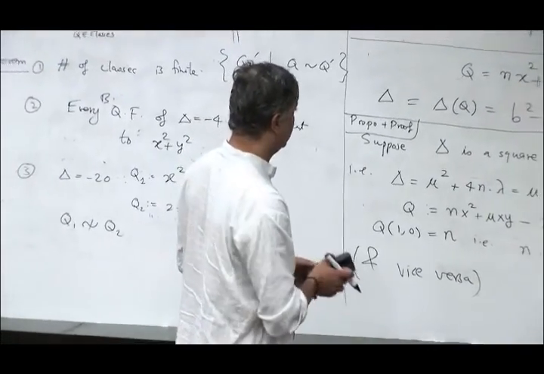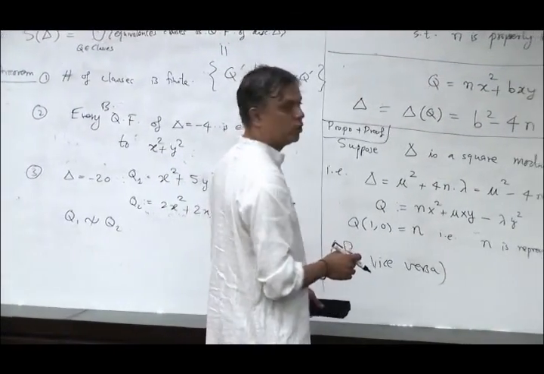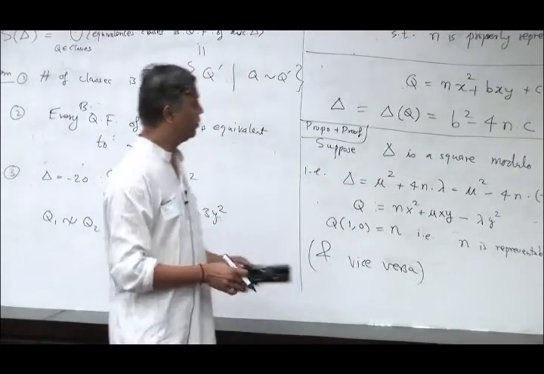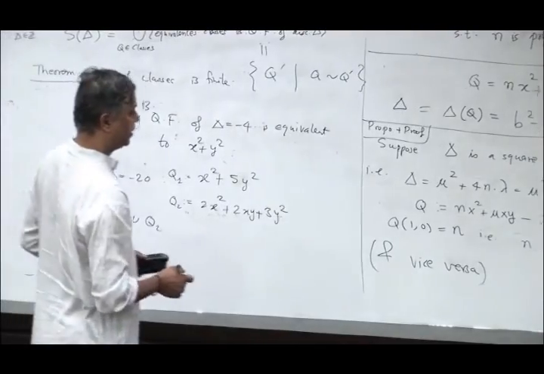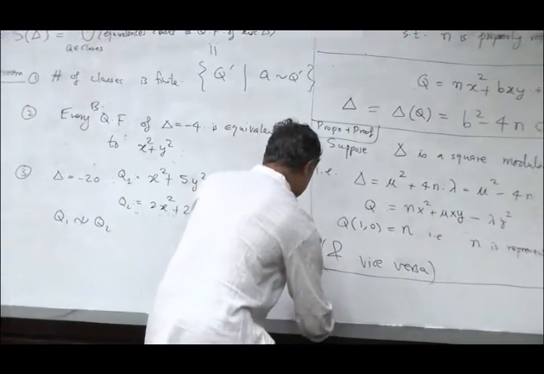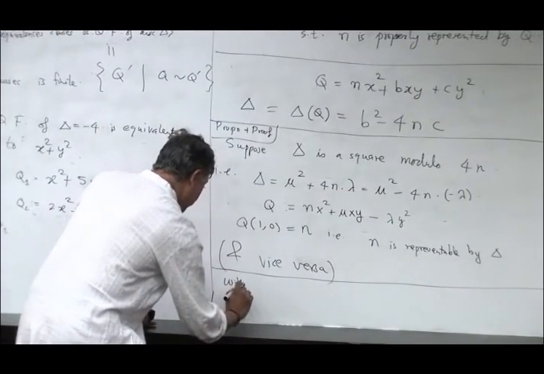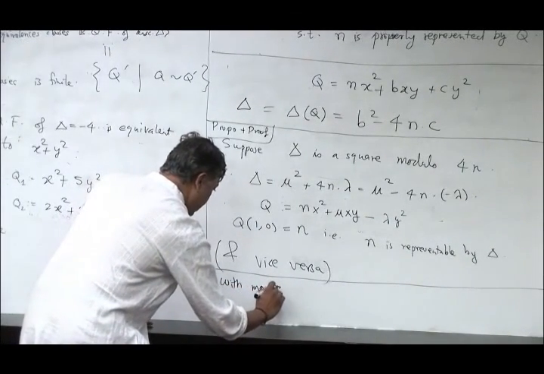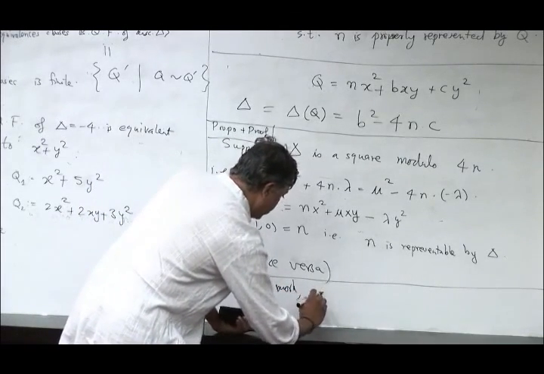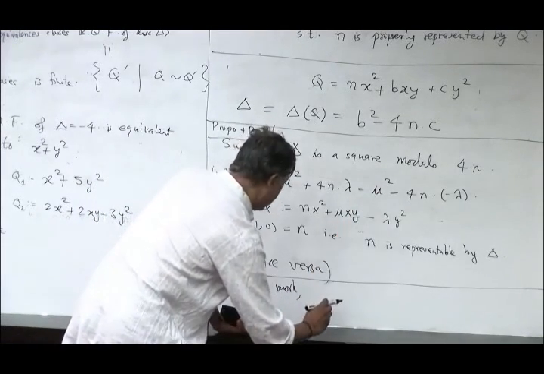So if I assume that n is odd, it can be done. I want to generalize this theorem a little bit. With more work, we can assume in the above that the congruence is modulo n.